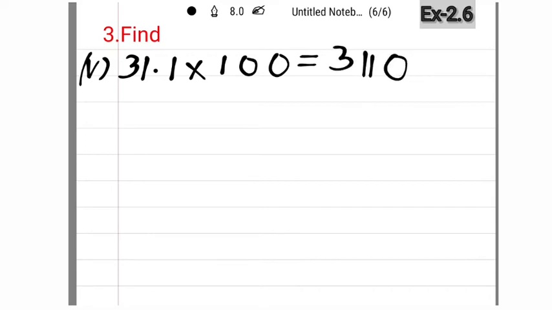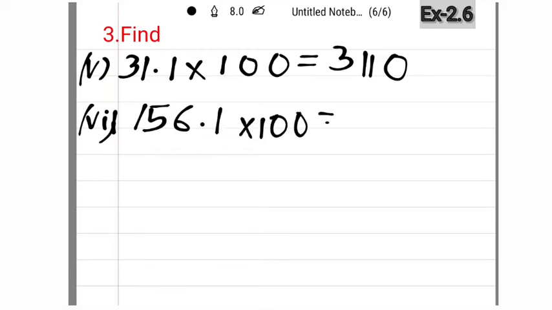Okay, then come to the next bit number VI, 156.1 into 100. Here also it is 100, that means it is shifted two digits towards right, and your answer is 15610.